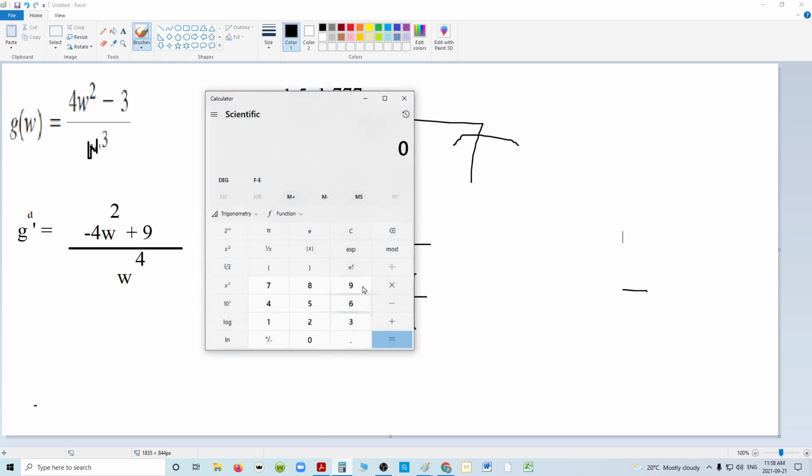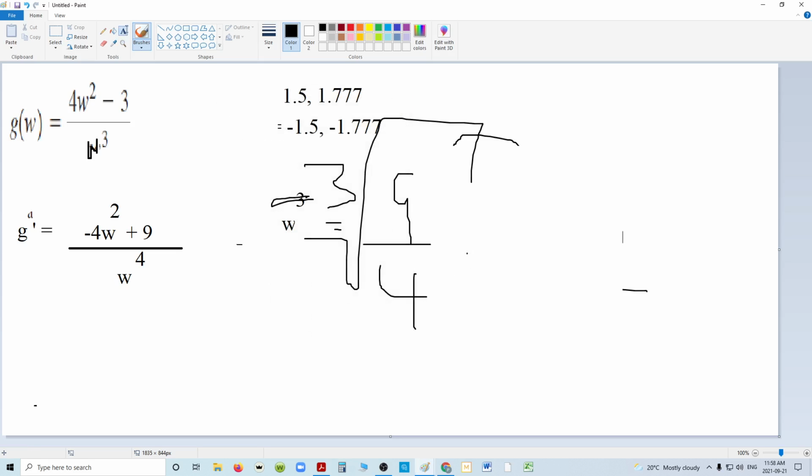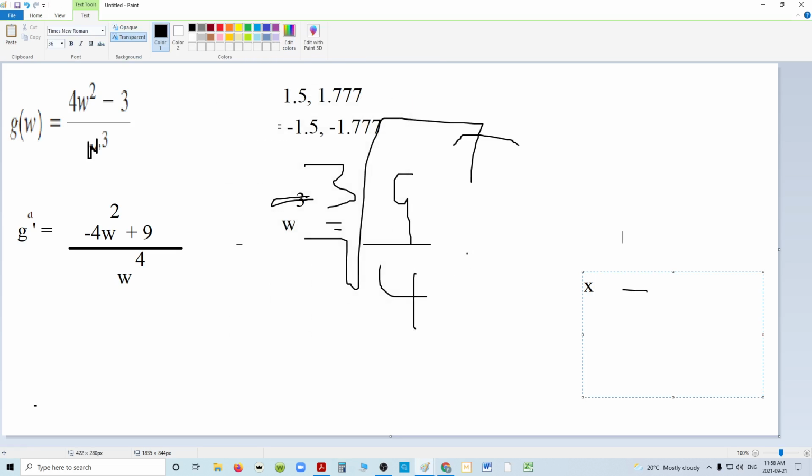Let's take 9 over 4 and take the cube root. Now you can see that I probably made a mistake here because it's a pretty odd number. So it's saying that when x is 1.03, and I should have come up with a negative one as well because there should be 2 inflection points, which I didn't.